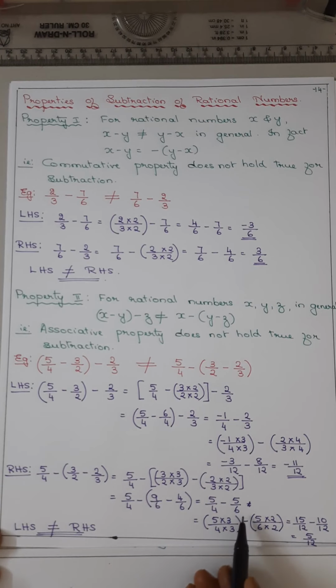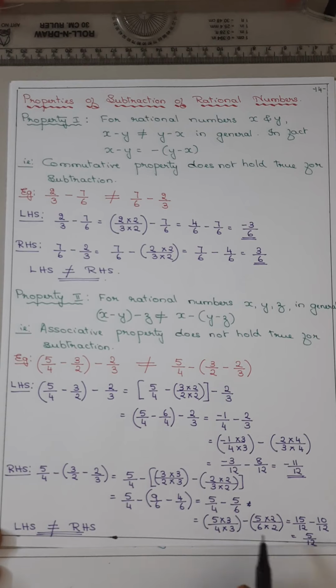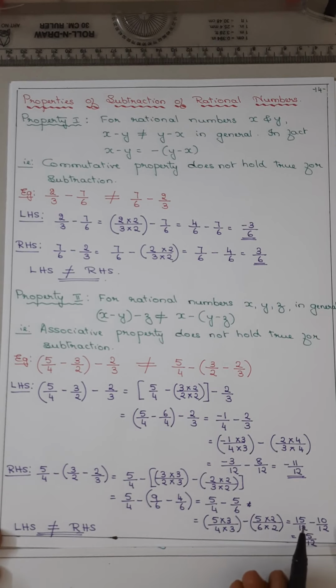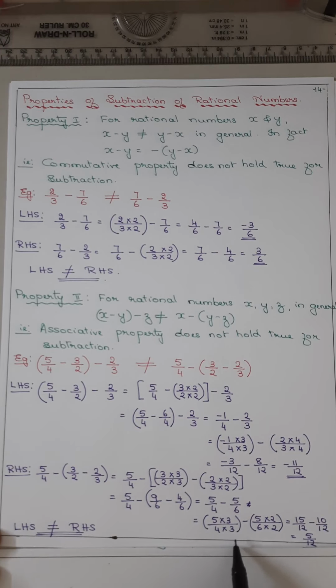Now 4 and 6 में LCM आएगा 12. बड़ा नंबर 6, 6 1s are 6, 6 2s are 12. तो 5 by 4 को 12 में करने के लिए 4 3s are 12. Multiply numerator denominator by 3.